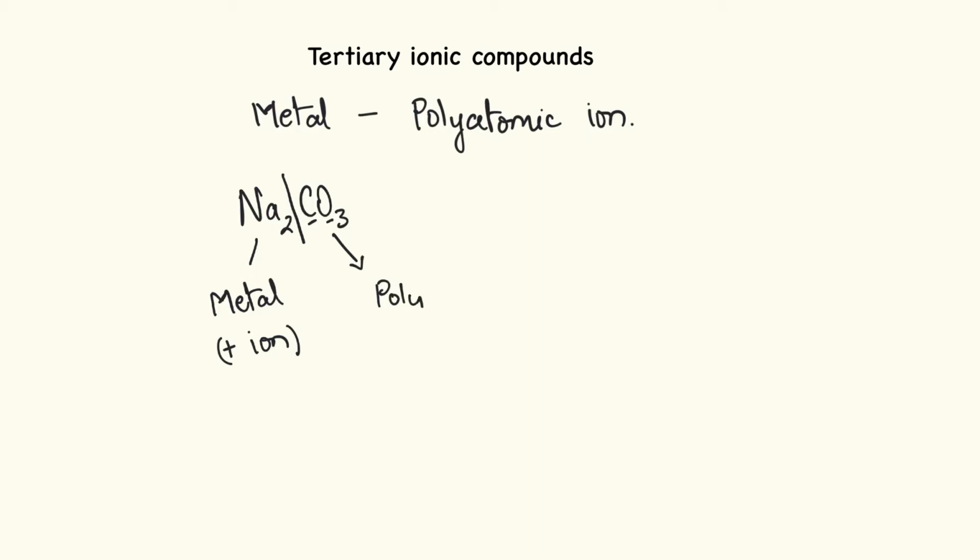That is how you know that this is a polyatomic ion. It's polyatomic because it has two different nonmetals that are bonded together. So a polyatomic ion is a combination of two or more nonmetals. You will notice that frequently polyatomic ions mostly contain some amount of oxygen.